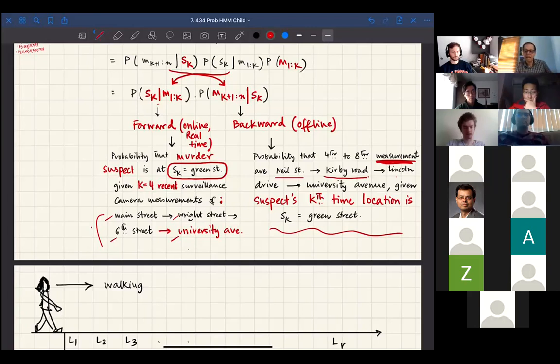And now I tell you probability of S_K equals UIUC, because UIUC needs top grades to come to UIUC. S_K equals UIUC given grades 1 to 6.